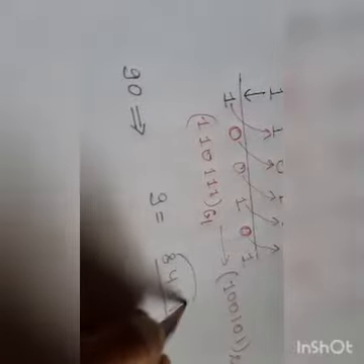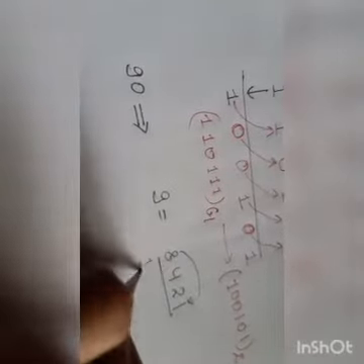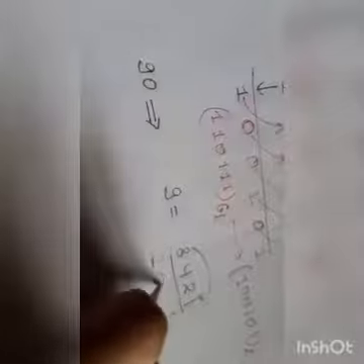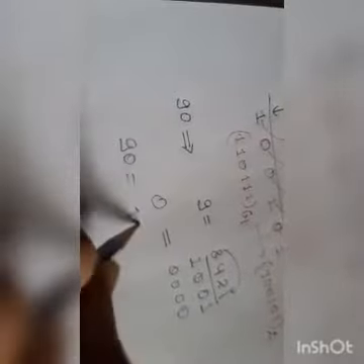So 8 plus 1 gives 9. So here is 1, here is 1. Other digits will be 0. Okay, see here. For the 0, we will write 0 0. Okay, so 90 can be written as 1001 0000. Okay, this is a BCD code.